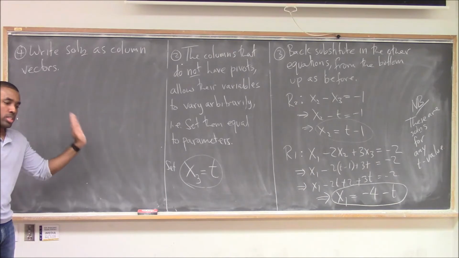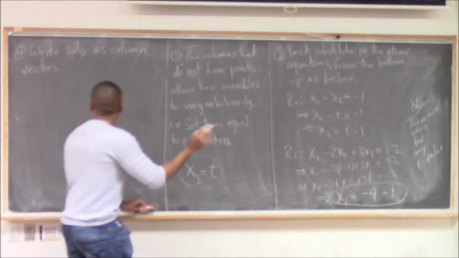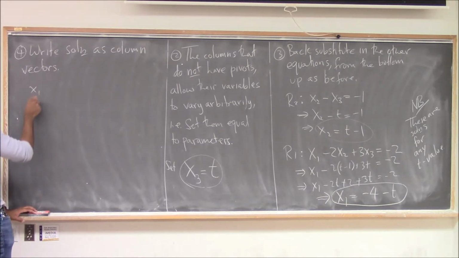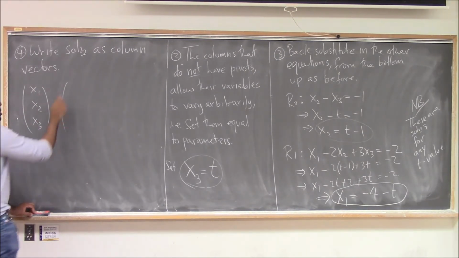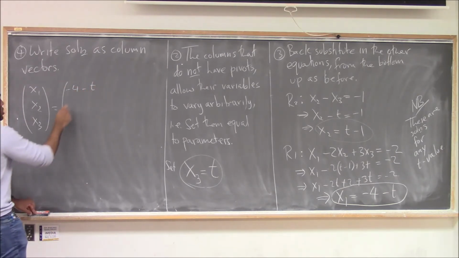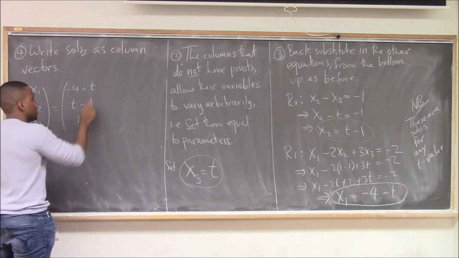It's nice to have your solutions in terms of columns because it's easier to plug them into other things that we'll use later. So again, x1, x2, x3. In this case, my x1 was minus 4 minus t, my x2 was t minus 1, and my x3 was t.